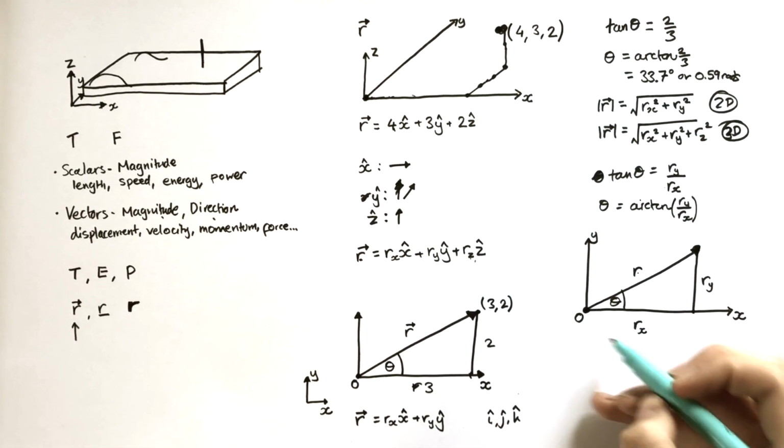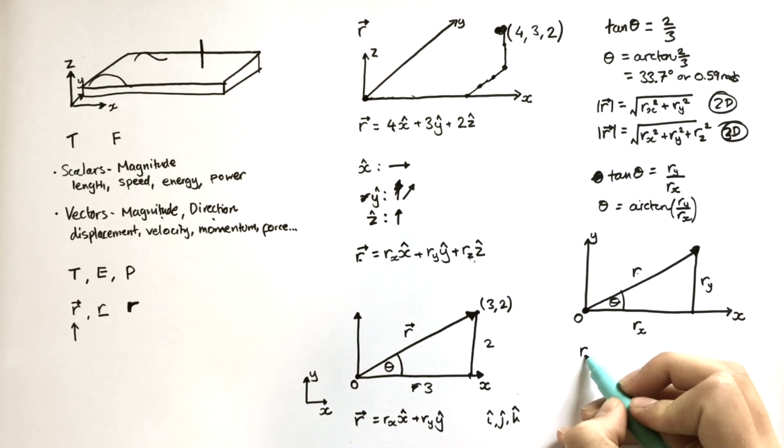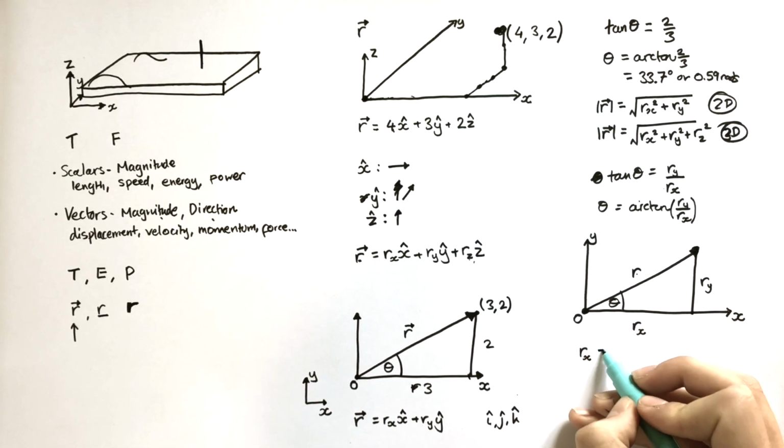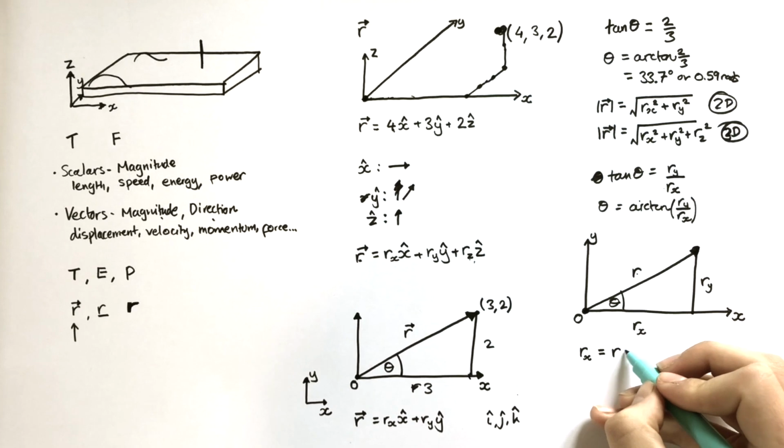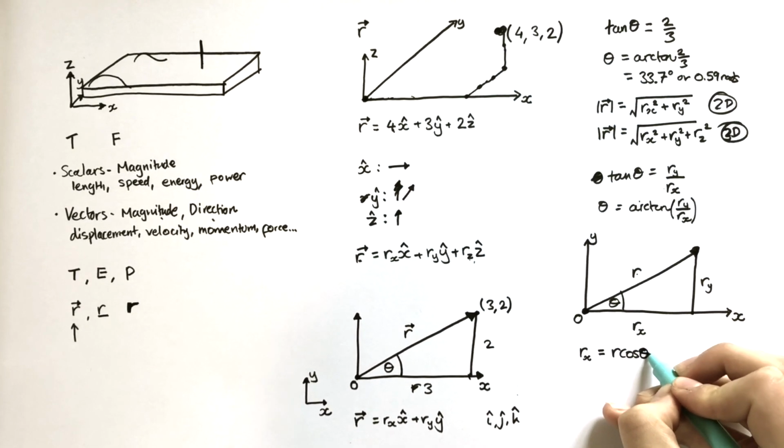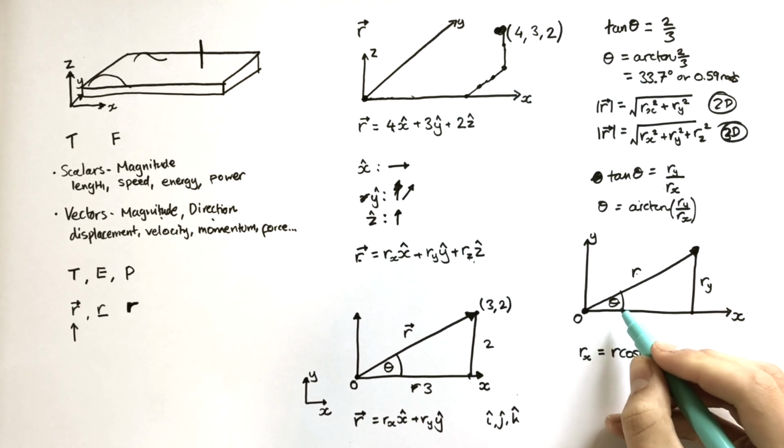So from this diagram, we can say that the x component of this vector is simply this length right here, r, multiplied by the cosine of this angle right here.